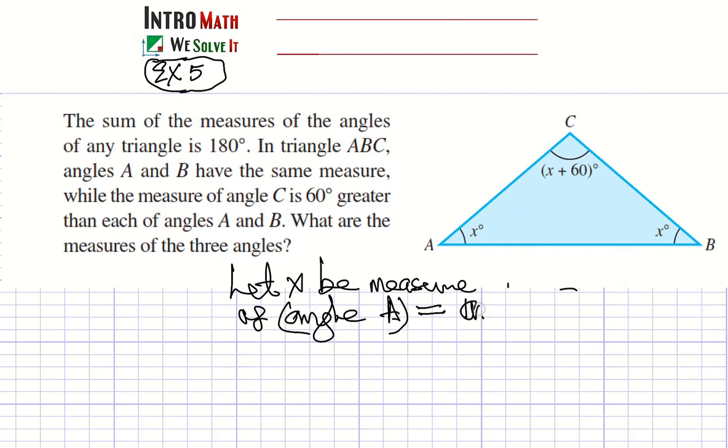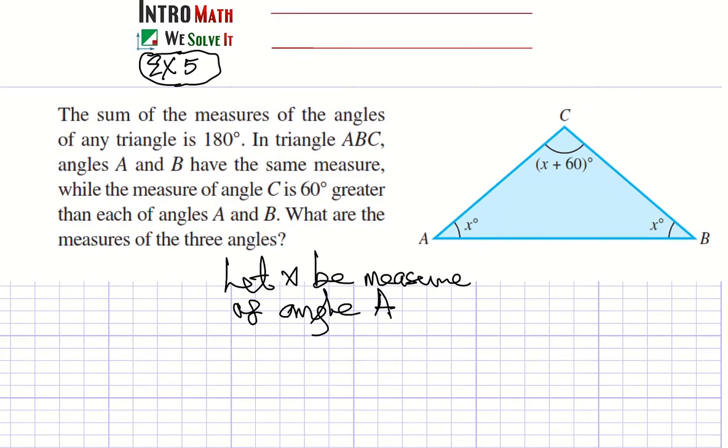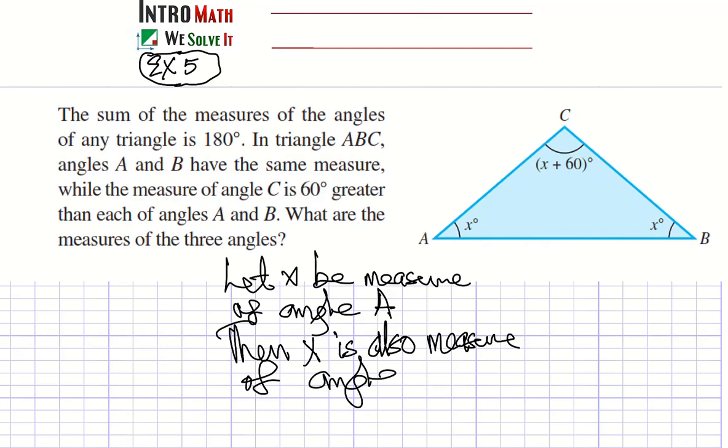If x is the measure of angle A, then x is also the measure of angle B, okay?